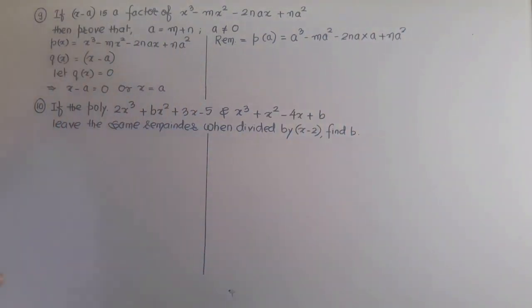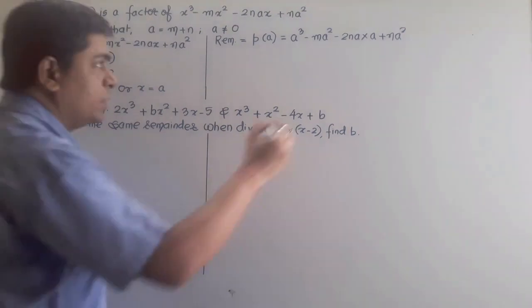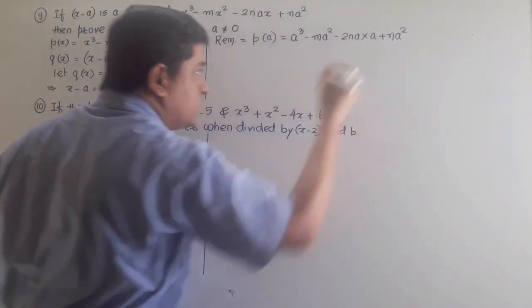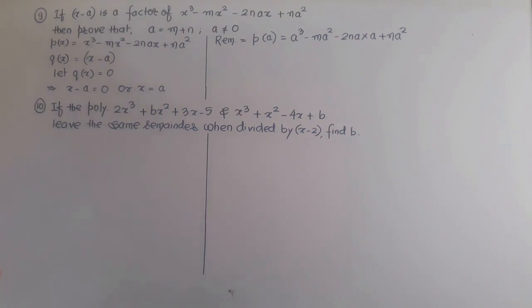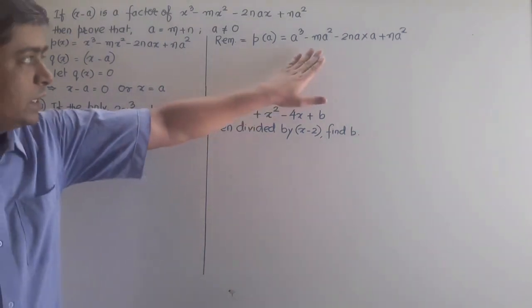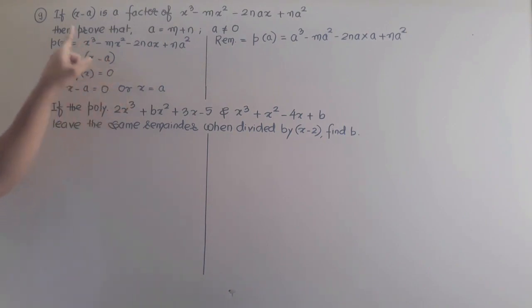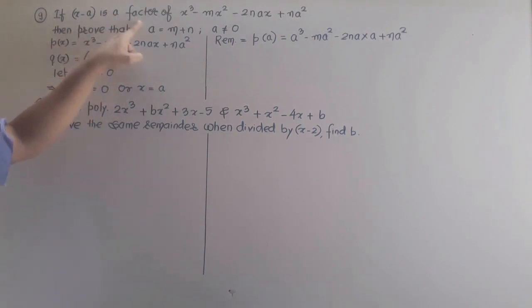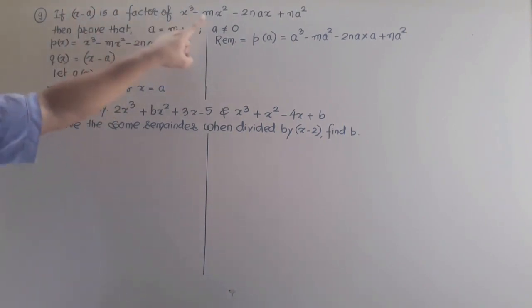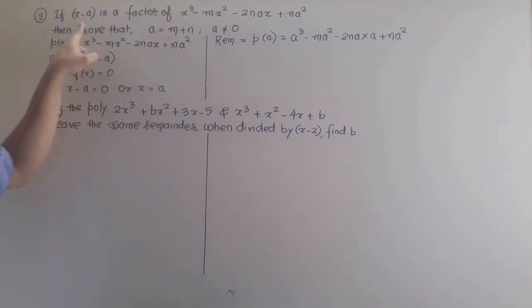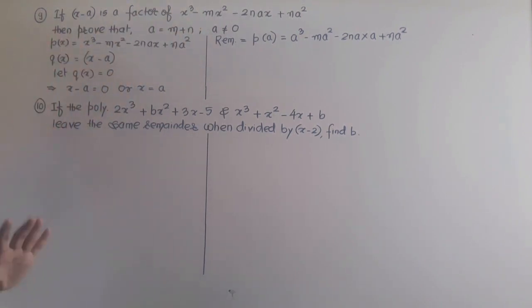Now we have got the remainder. One thing is remaining. You see, this remainder we can keep equal to 0. How? Because it is given that x minus a is a factor, which means when you divide this whole polynomial by x minus a, the remainder will come 0.